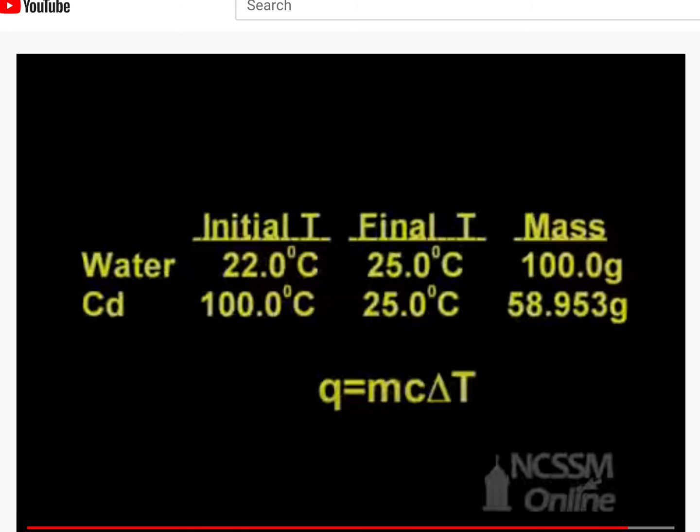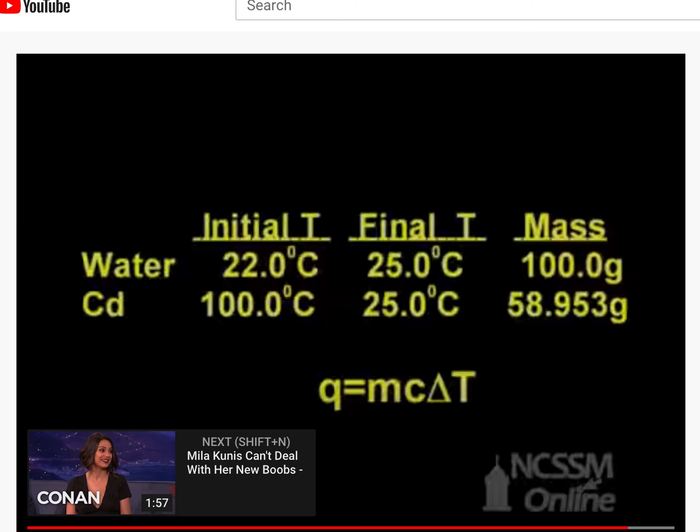I got 0.284. Right on. Good job. 0.284. That's the number, and the units will be exactly the same units as the specific heat capacity of the water. So make sure you add in your units as well.